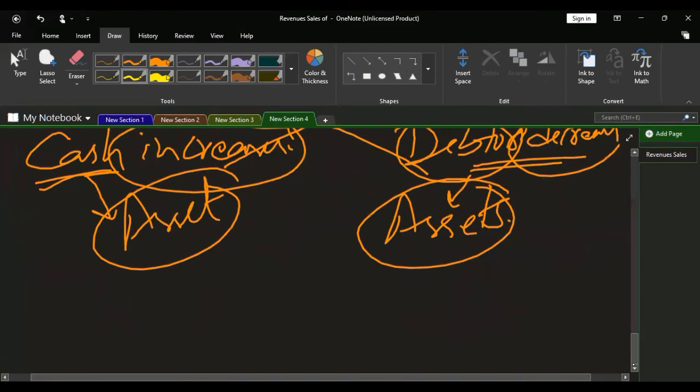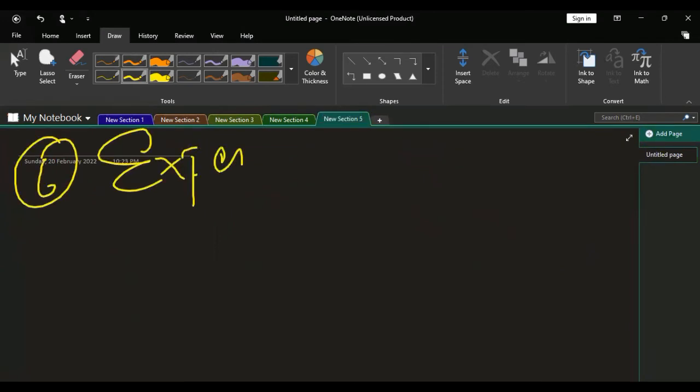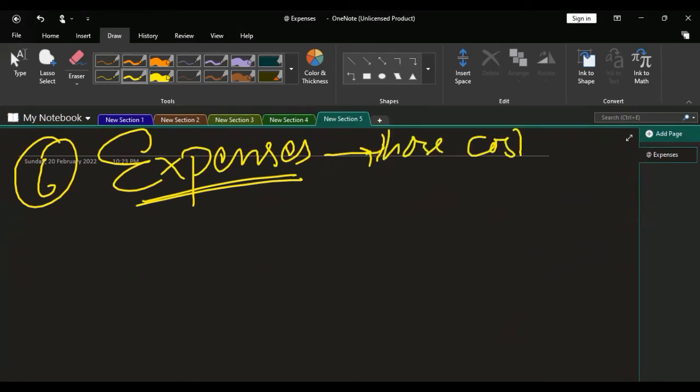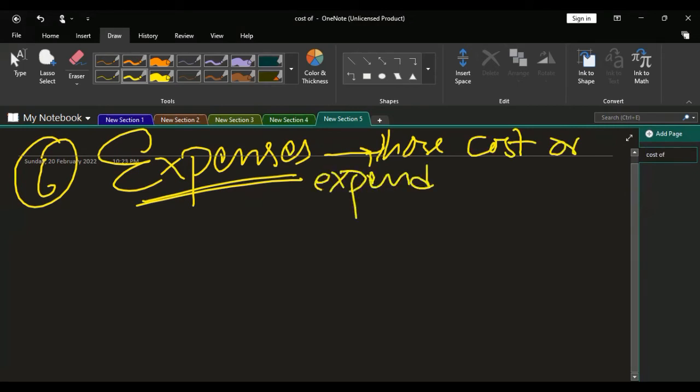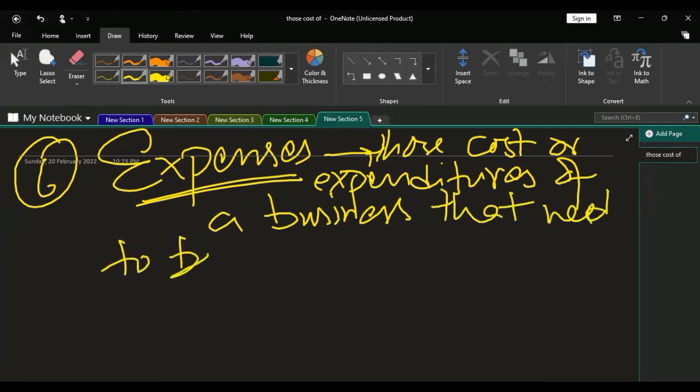Now going to our next category of transactions, that are expenses. What are these expenses? Expenses are those costs or expenditures of a business that need to be incurred.